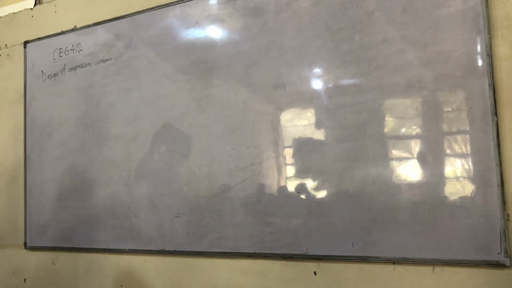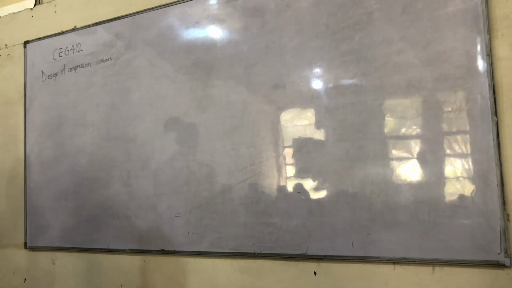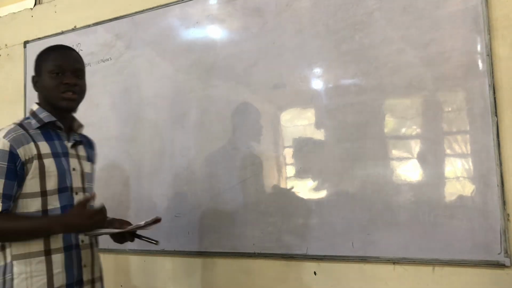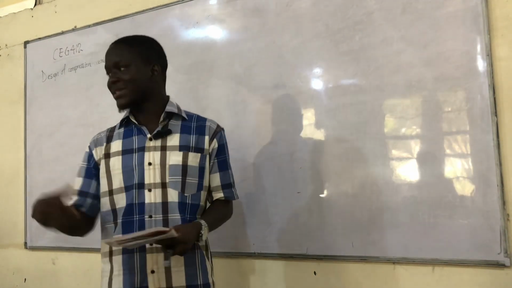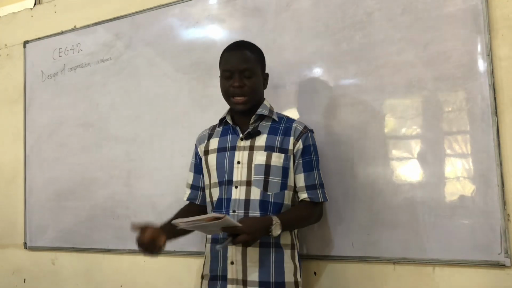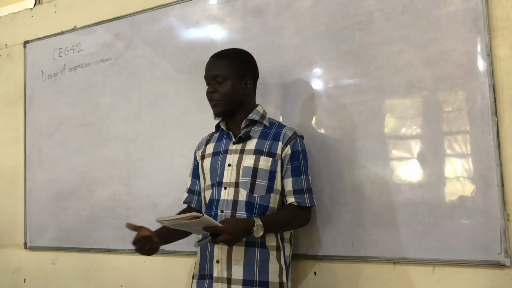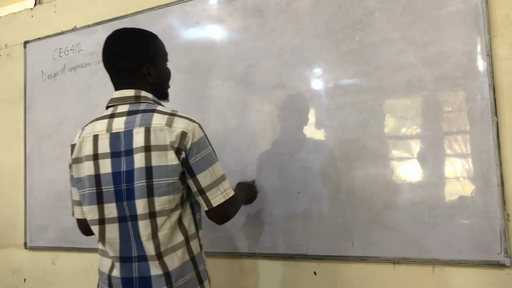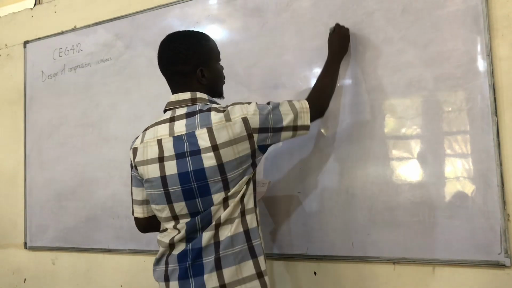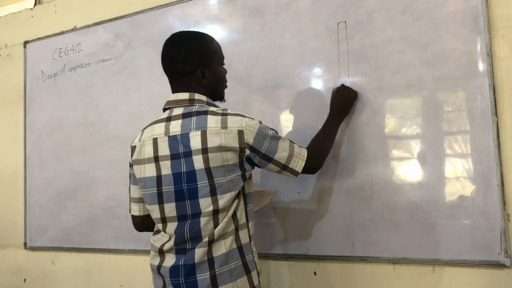Let me come again. A compression member is a structural member which is straight and subjected to two equal and opposite compressive forces applied at its ends, depending on the position of the member in a structure. So what this is trying to tell us is that you have a member.